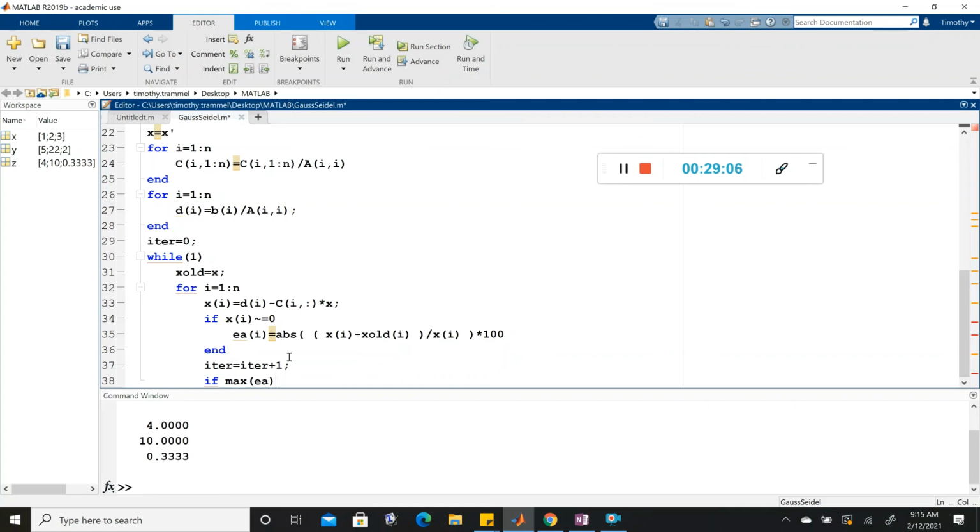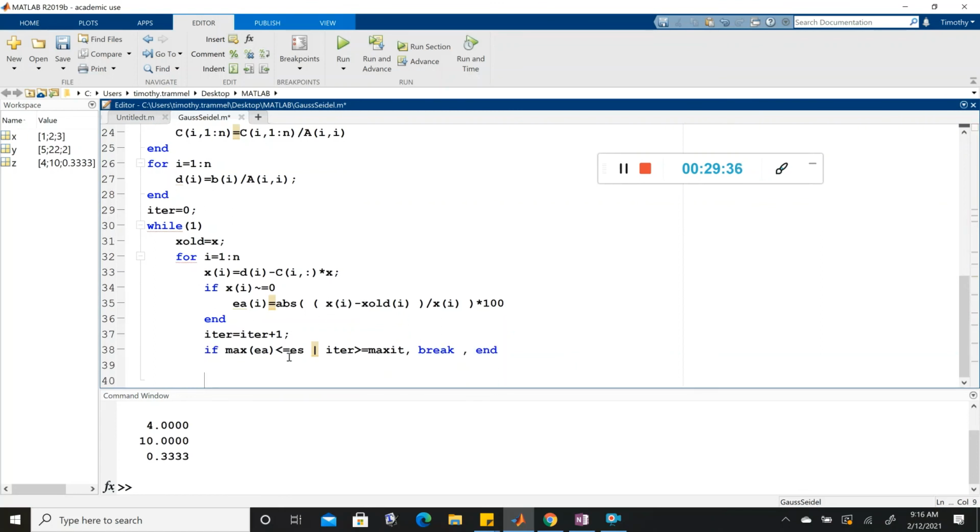So we want the biggest error to be less than or equal to ES. Or we'll also potentially break our while loop if the number of iterations exceeds or becomes equal to max it. So break and end. And then finally, we can write our end for the while loop. Okay. And that's it.